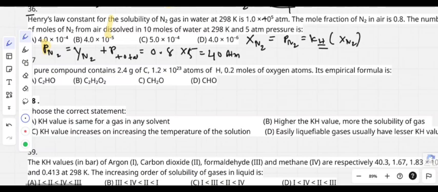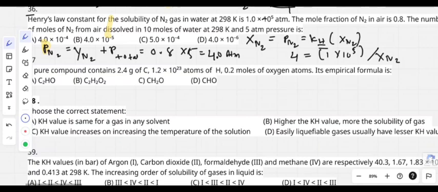Therefore, P of nitrogen we already know is 4, and KH is 1 into 10 raised to 5 divided by the mole fraction of nitrogen.